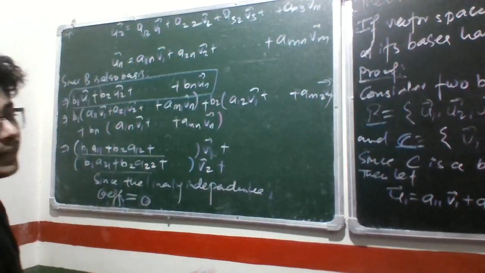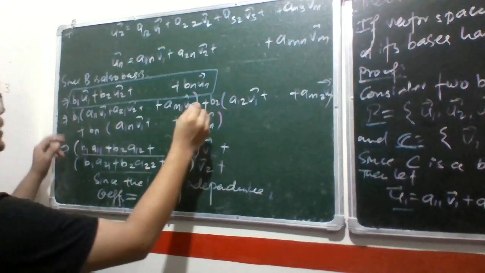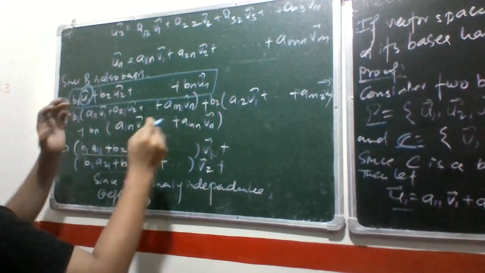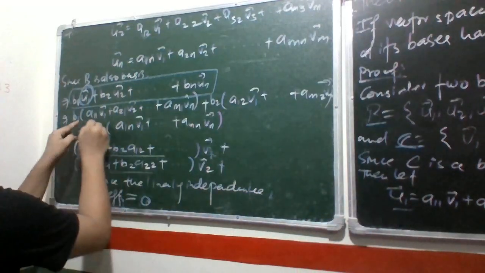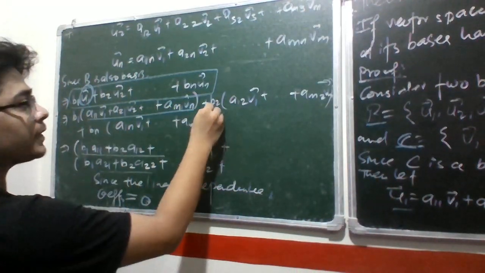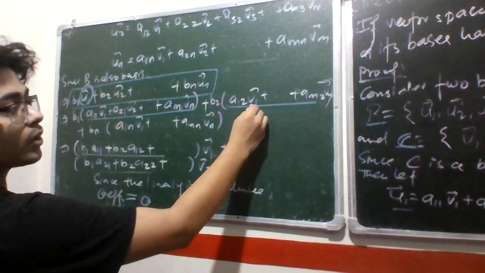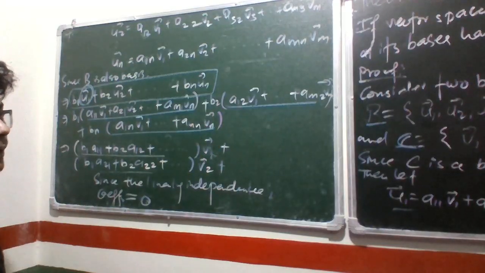Now we have defined the u_i's to be these linear combinations, so we can substitute u1 with the linear combination with respect to v, which is this, plus b2 and the linear combination with respect to the v_i's, again in a similar way.